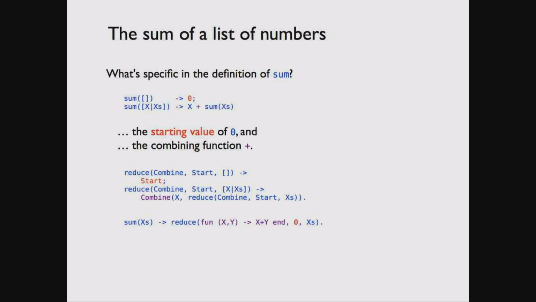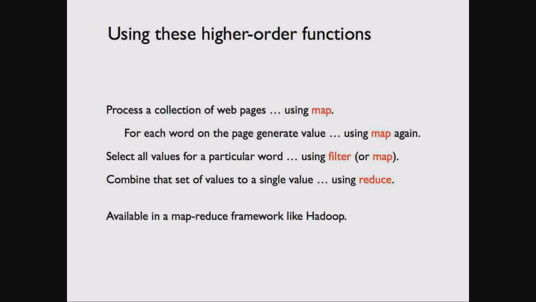But just to recap, in fact I've done it there, apologies. So what we're seeing there is that example. Now just to move on to recap, you can see that these higher order functions, if you're thinking of an example, you can imagine processing a collection of web pages using map, and processing each element on a page using map again, and then selecting certain elements using filter and combining those sets of values into a single value using reduce.